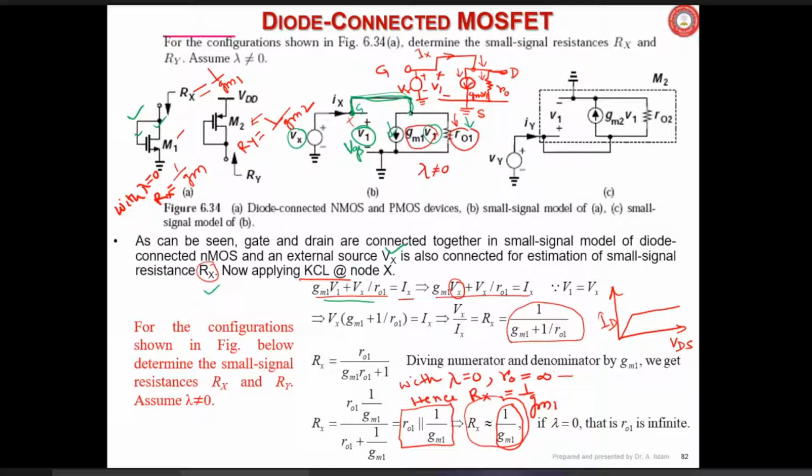Vx you have applied, this point is having Vx, so Vx by ro1 is the current in this direction, equal to Ix, is it not? This equation is correct or not, that you tell as per KCL.